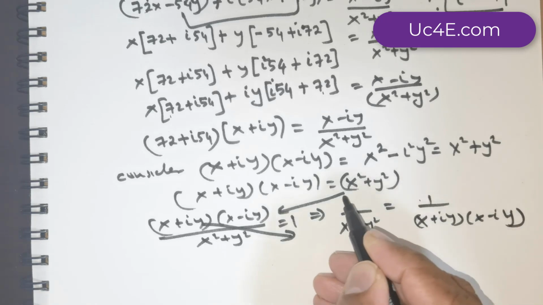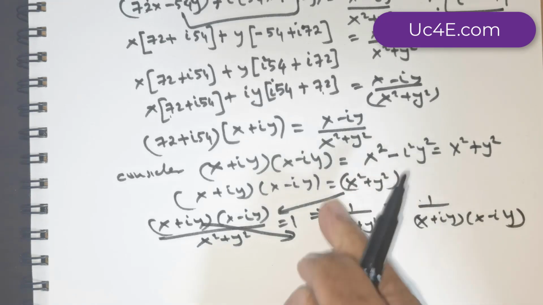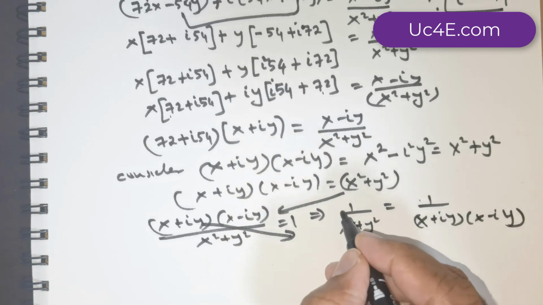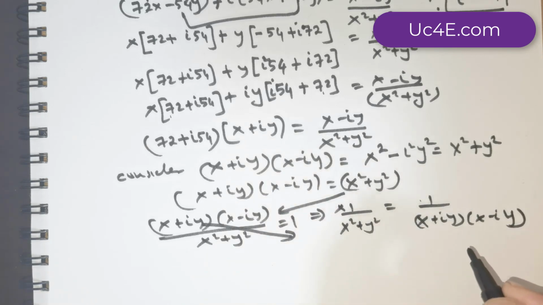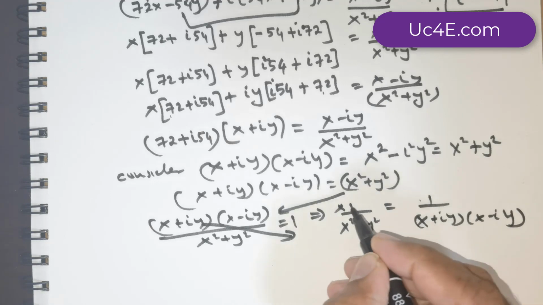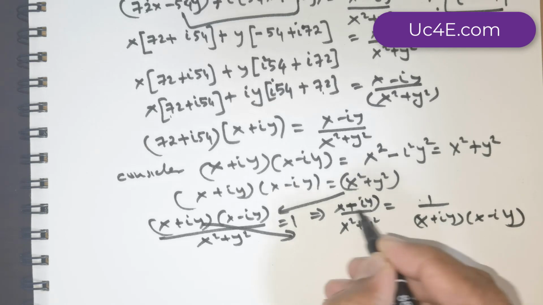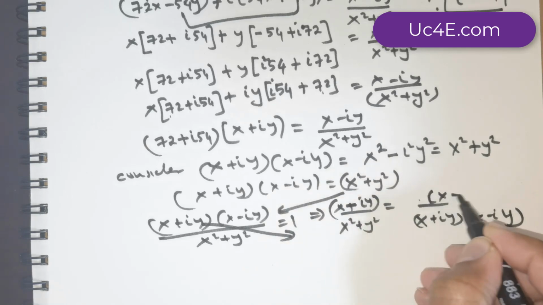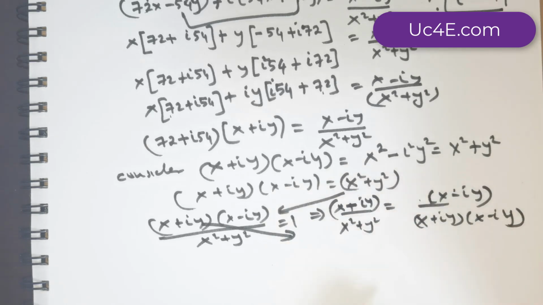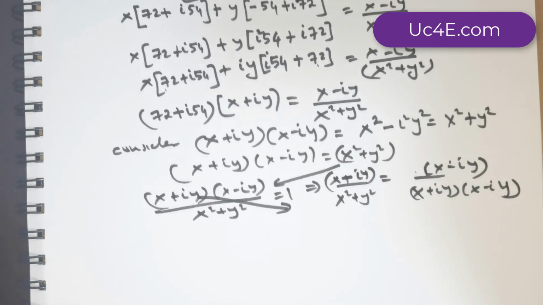Now I wish to multiply the numerators, both sides, by (x - iy). Why do I do that?